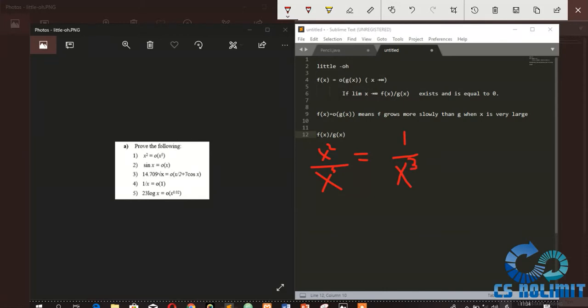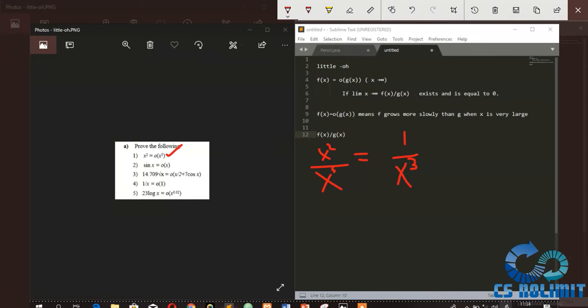Let's take a simple notation: when x is very large, let's say x is equal to 2, then we get x to the power 3, that is 2 cubed, which is 8, and the above function, f of x, will remain 1. So f of x grows more slowly than g of x. Then this holds: x squared is o of x to the power 5.